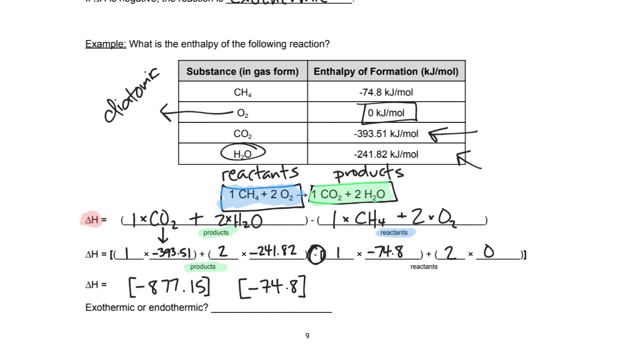That's on this subtraction here, okay? So you're really doing, in this equation, negative 877.15 minus negative 74.8. That minus a negative is really going to turn into a positive, which is negative 877.15 plus 74.8.